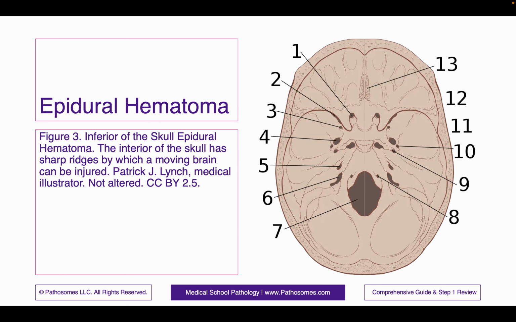And why do epidural hematomas happen, right? Well, because the interior of the skull has all these ridges on it, some of them more sharp than others. And when there's a trauma, you can imagine that there's this tearing that occurs, and then blood accumulates.